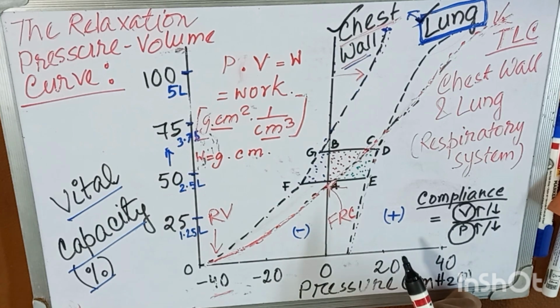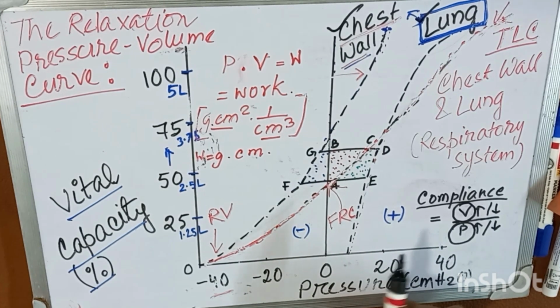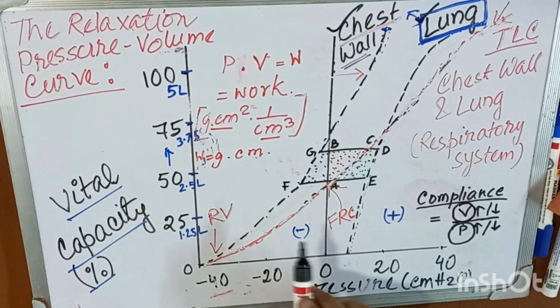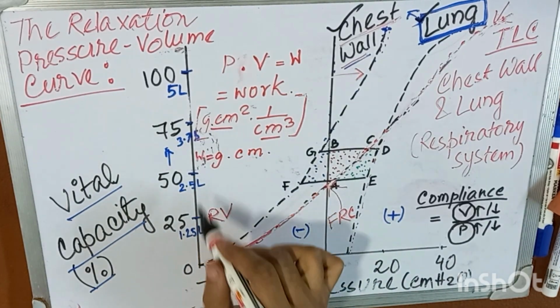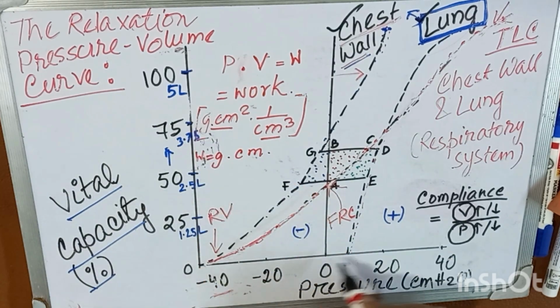Now we want to go into a little more detail about this pressure volume relationship. So this is pressure and this is volume. That, as I just told you, is the change in volume and the change in pressure.